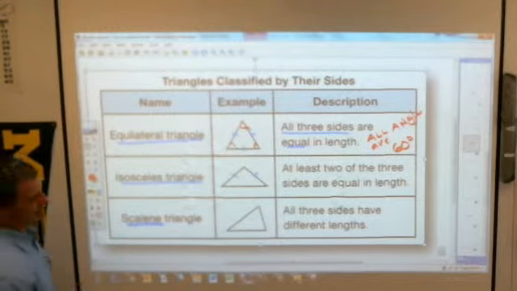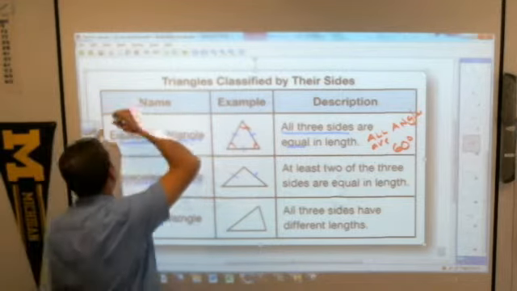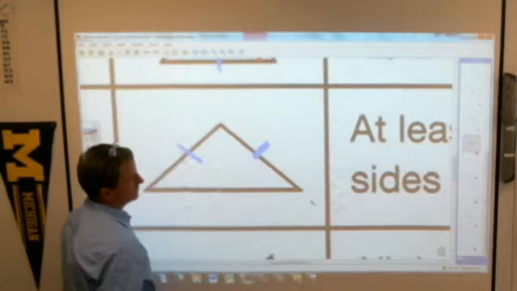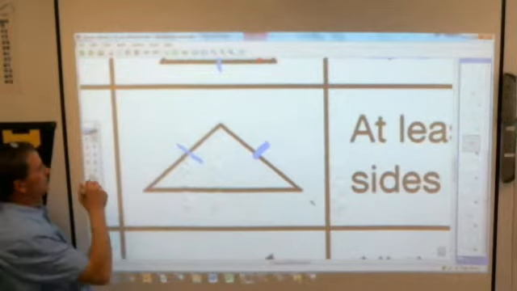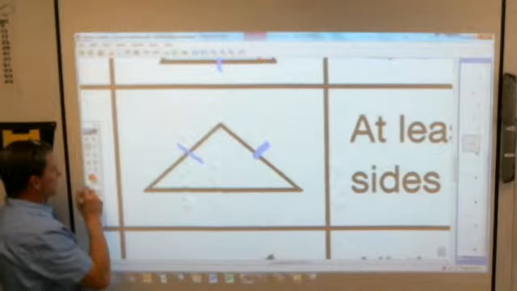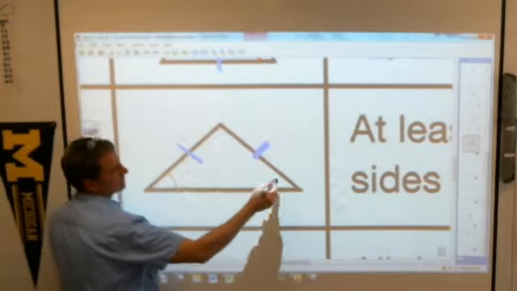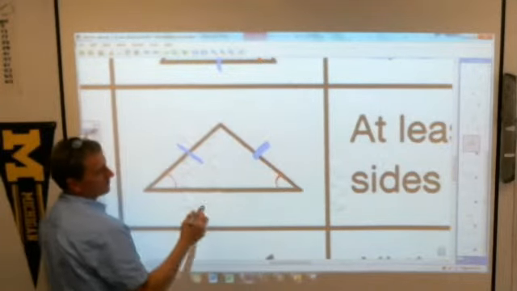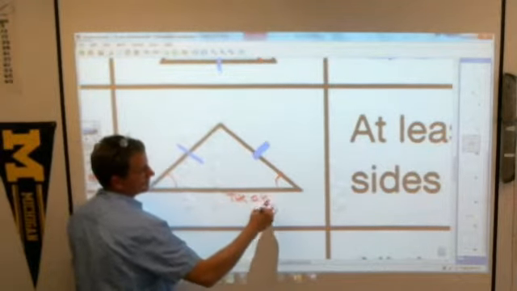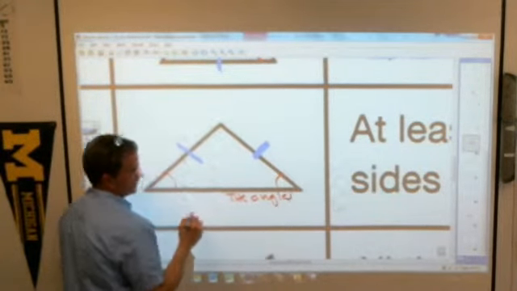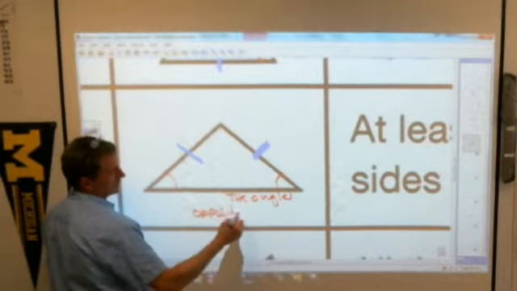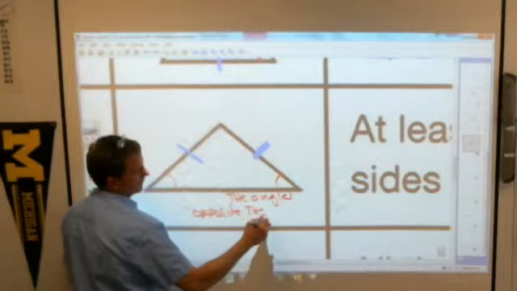If it's an isosceles triangle, let's make this as big as possible. In an isosceles triangle, the one important thing to remember is this: this angle and this angle are equal. And you can write in there, the angles opposite the equal sides are equal.